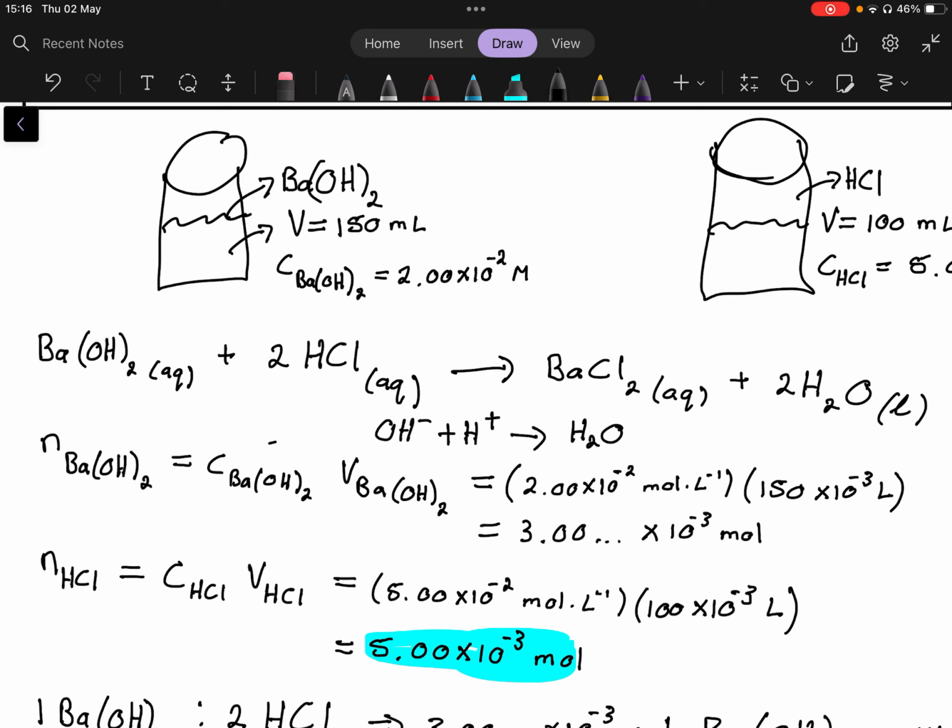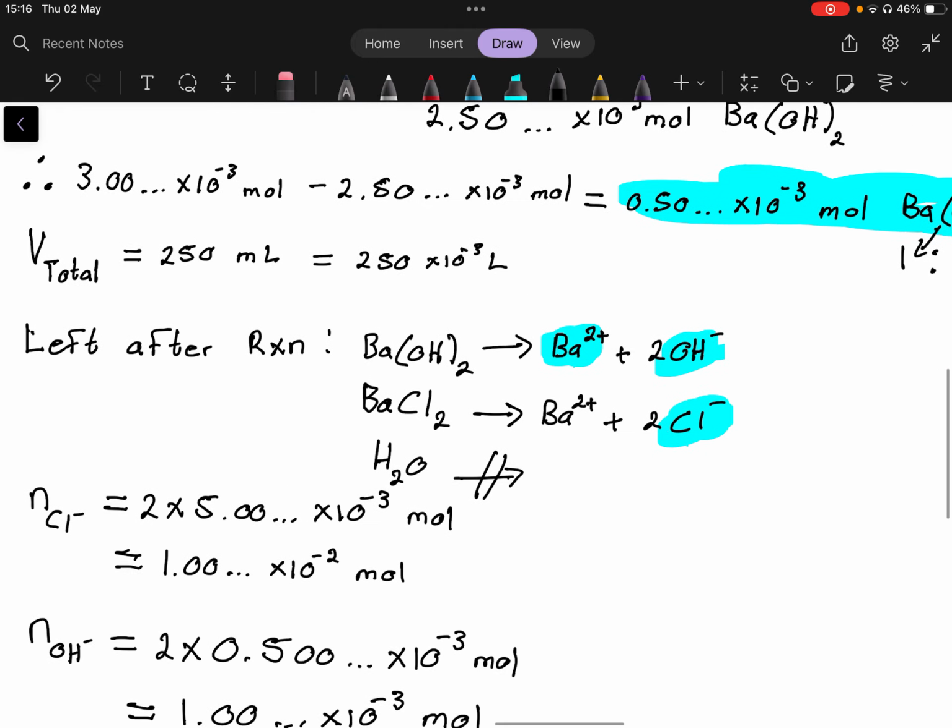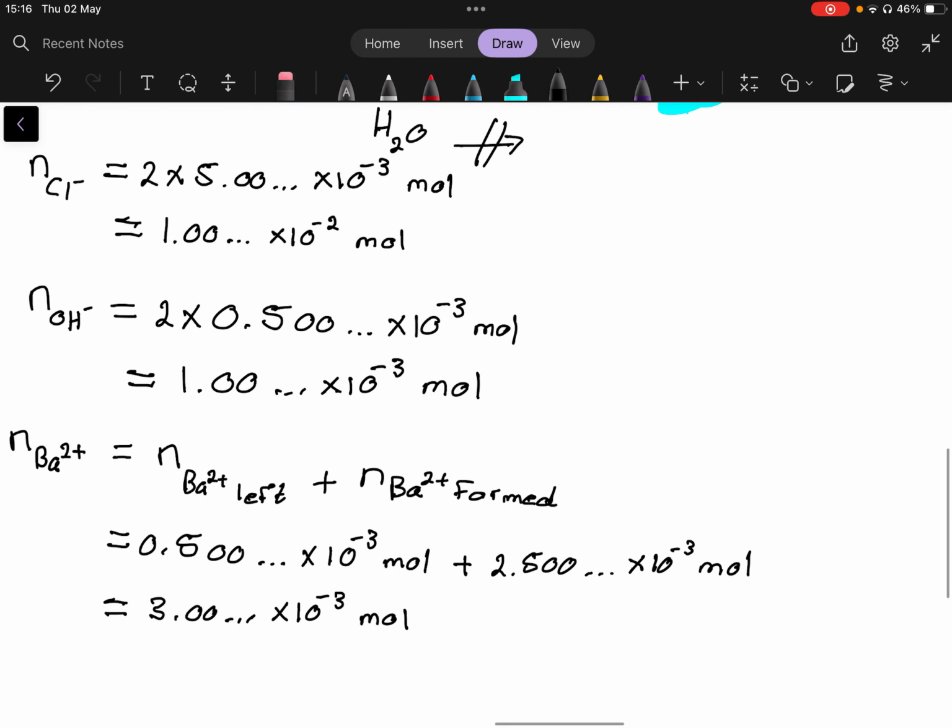But you have to balance it, so you'll write it as 2, 2, 2, whatever. So your net ionic equation is only the hydroxide, the hydrogen, and the water really plays a role in this. Both barium and chlorine are spectator ions. In other words, their number of moles should not change because they're not really part of anything.